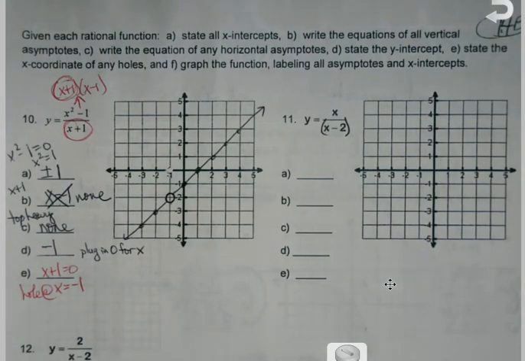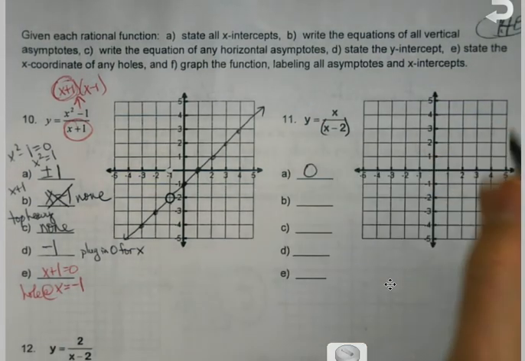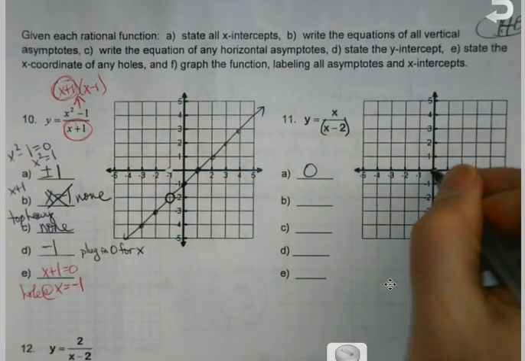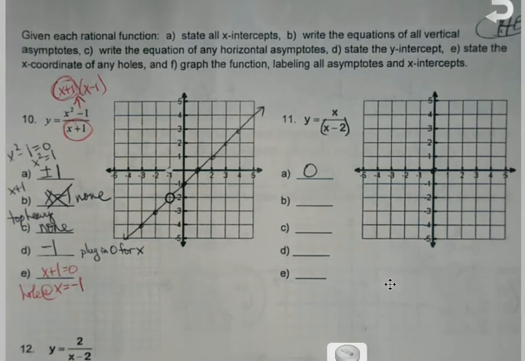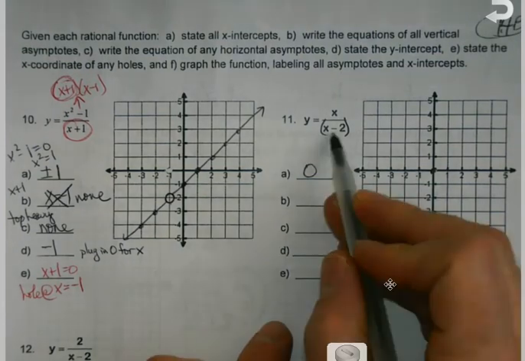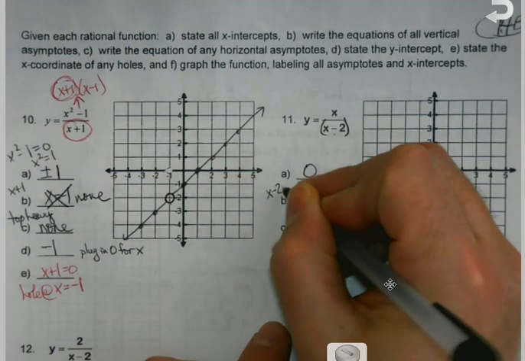So I start to look. I'm like, okay, X-intercepts, numerator equal to 0. Okay, 0. And I already saw this time I'm not going to have holes, so I'm feeling a little safer this time doing this. Vertical asymptotes, set the denominator equal to 0.